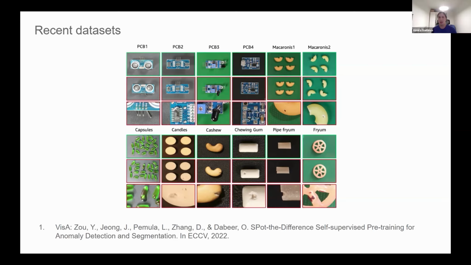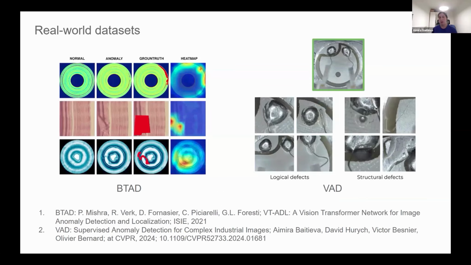We still have an object which, to be fair, can be center cropped without any defects missed, with not too much background. We have 3, 4, 5 types of manually created defects, which are usually similar across categories of objects and even datasets. On the contrary, real-world datasets with defects emerging naturally during the manufacturing process provide a wide variety of defects.